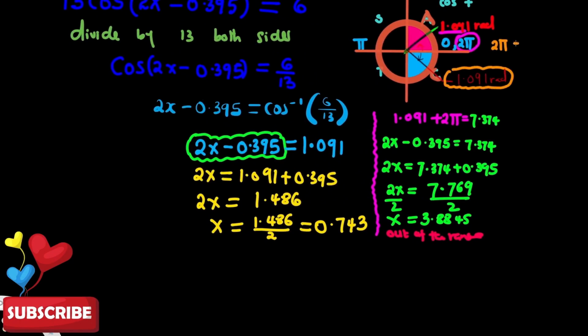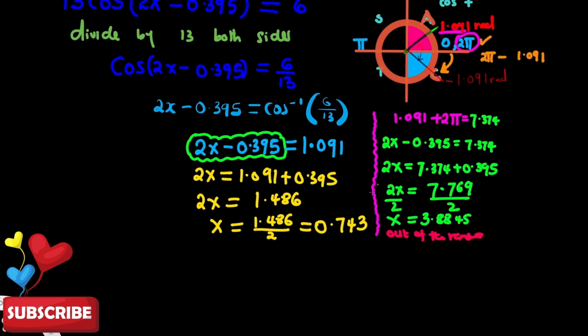So remember, we had gotten negative 1.091 radians. So below that, we are going to say 2 pi minus that, 2 pi minus the angle below here, which is 1.091 radians, which is going to give us another solution.